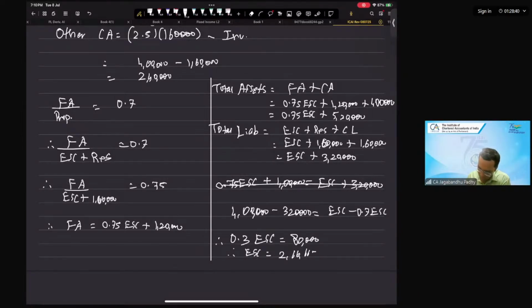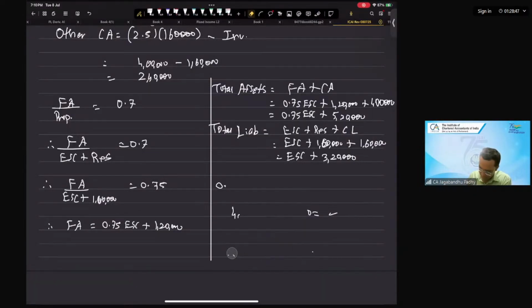So this is also going to change once again. Total assets is 0.75 equity share capital plus 5 lakh 20. That's equal to equity share capital plus reserves of 1 lakh 60 and current liability of 1 lakh 60, totaling 3 lakh 20,000.